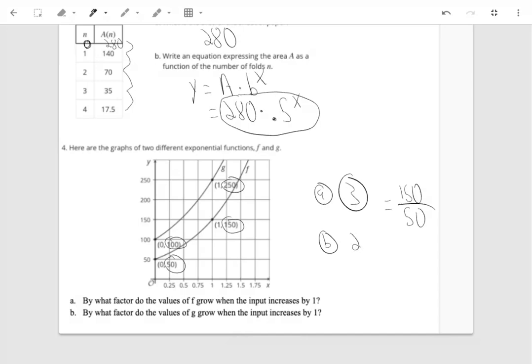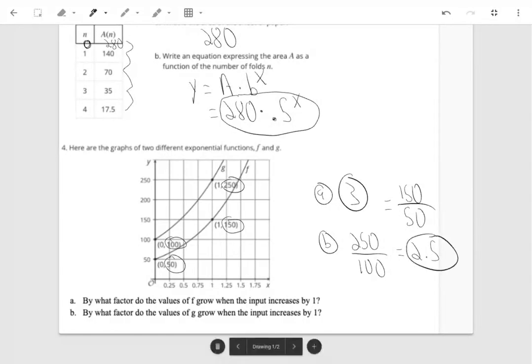But if you can't, just take the value of 250 and divide it by the previous value. Put that in a calculator. 250 divided by 100, you should get 2.5. So that means my growth factor is 2.5. 100 times 2.5 is equal to 250. And that is it for number 4.